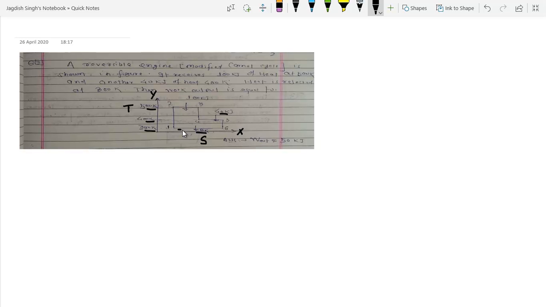So we know that this is a reversible engine and this is a reversible modified Carnot cycle.